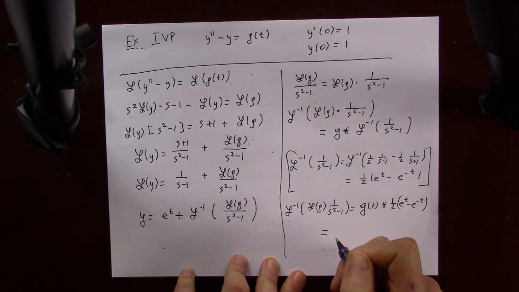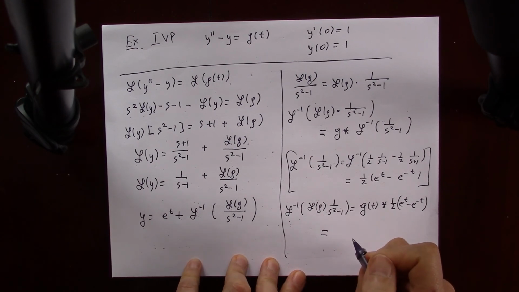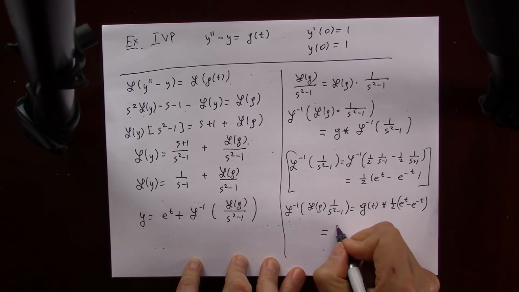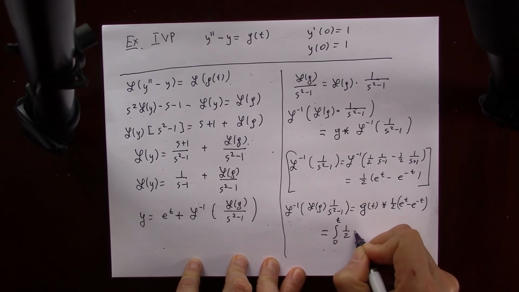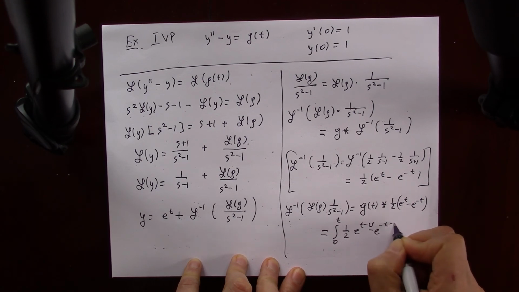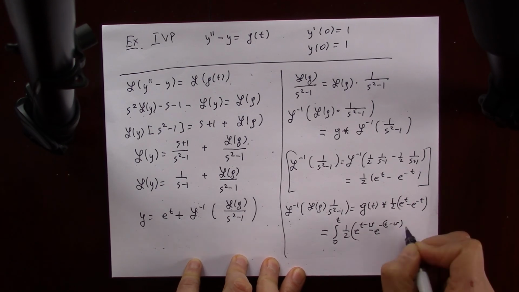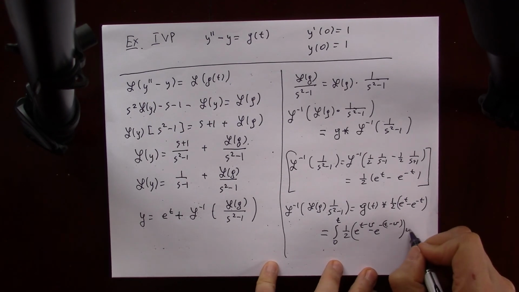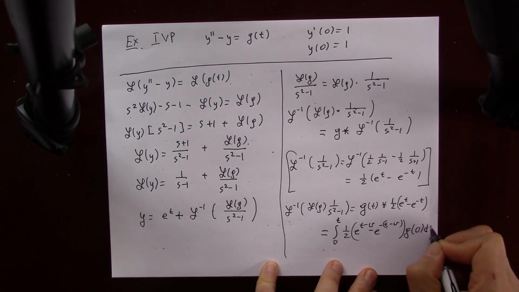So if I rewrite the convolution in terms of an integral, it equals the integral from 0 to t of 1/2 times (e to the (t minus v) minus e to the negative (t minus v)) g of v dv.